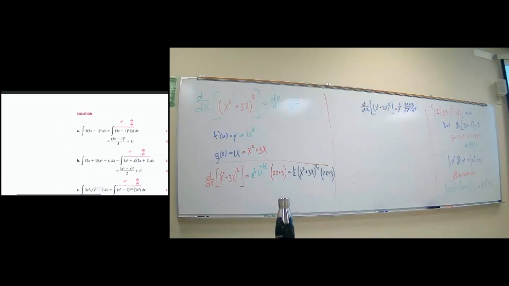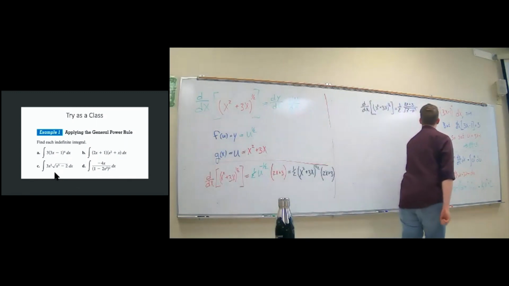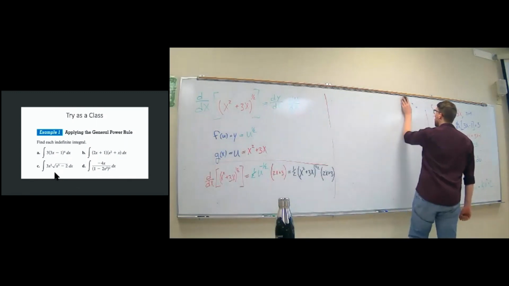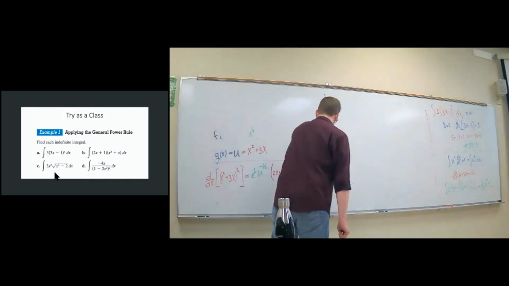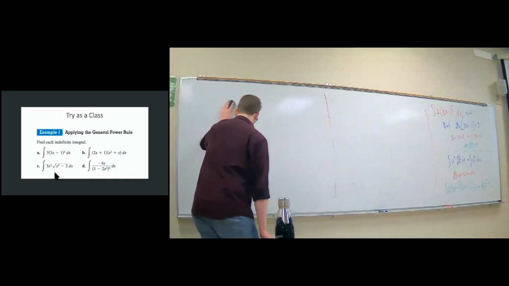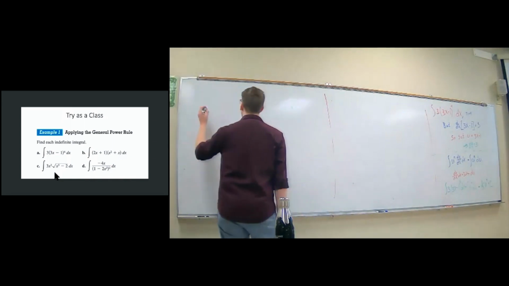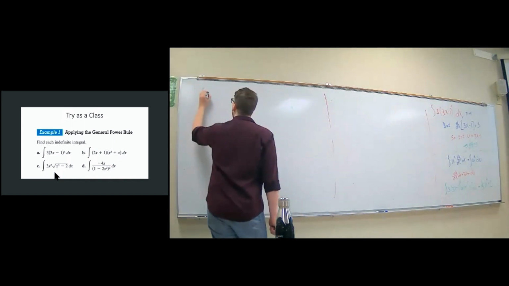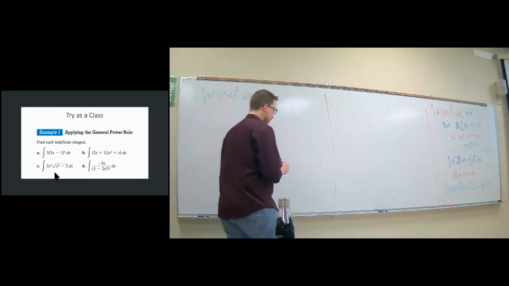Now, jumping to the original 4 problems, let's look at C really quick. In C, we're told we've got 3x squared times x to the third minus 2, all raised to the 1/2 power, integrated with respect to x.